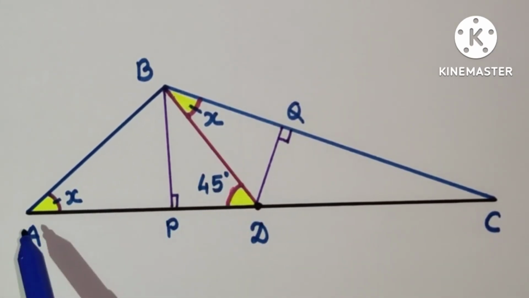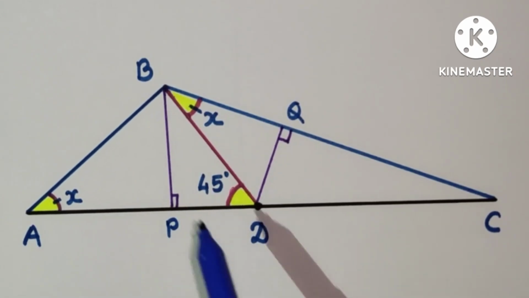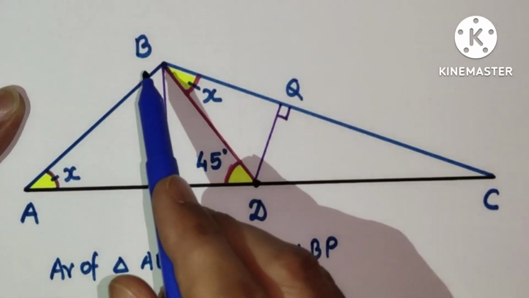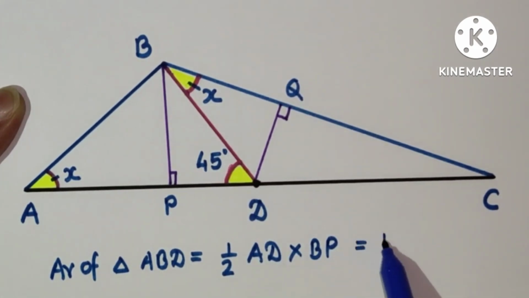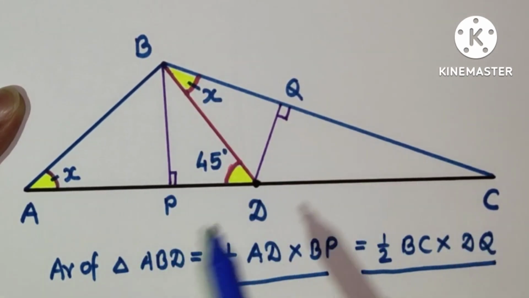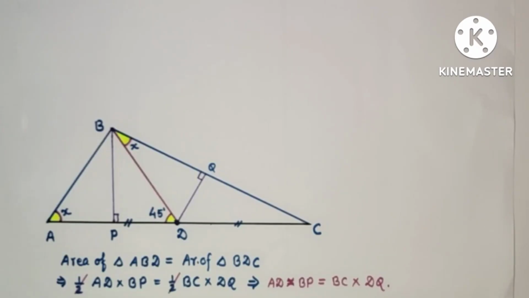So the area of triangle ADB is equal to the area of triangle BDC, which is equal to half. These two areas are equal because a median divides a triangle into two equal areas. So we got this first relation.